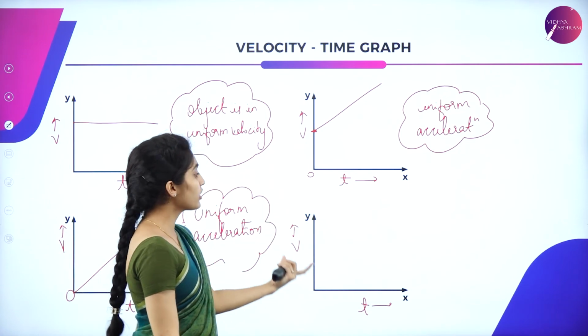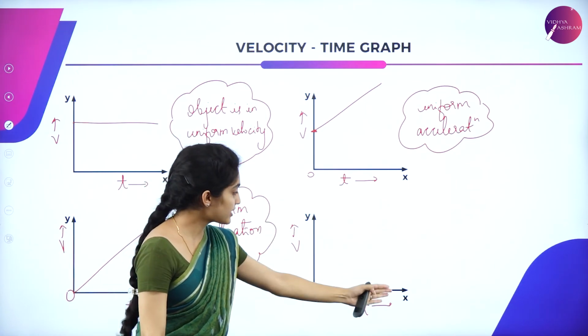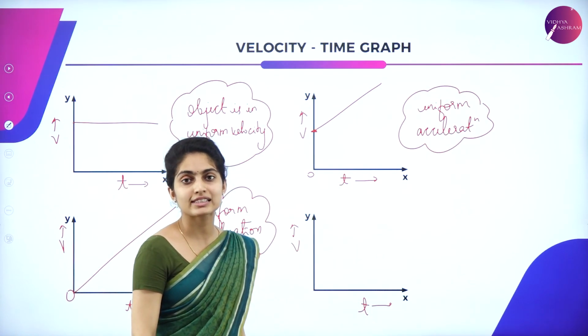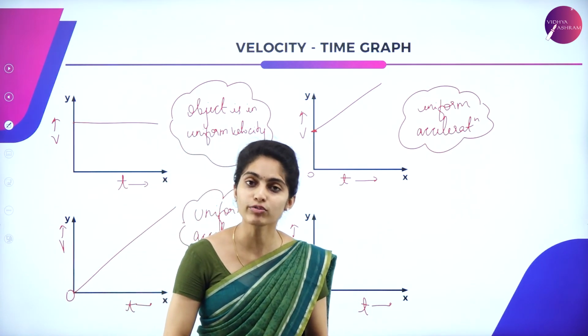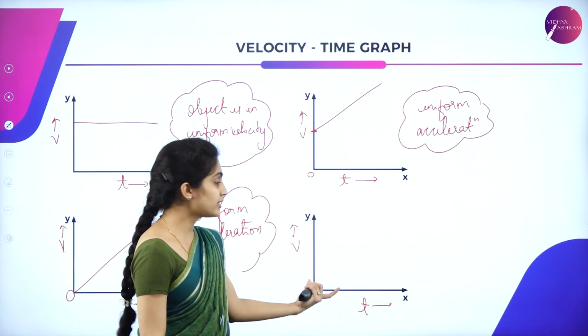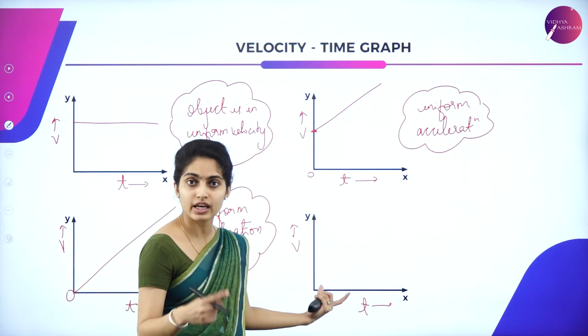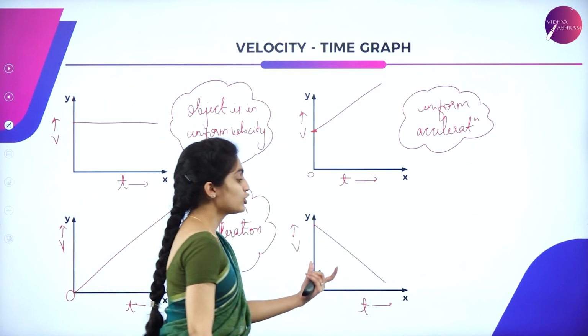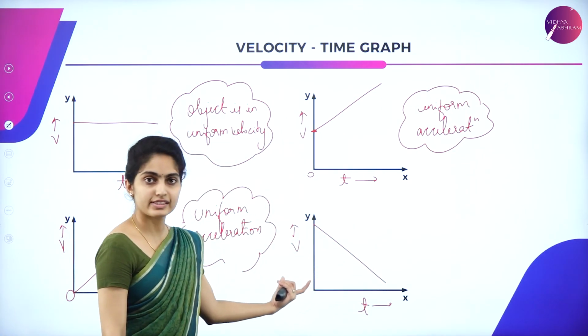So here in this case it is starting from rest, whereas in this case it is starting from some initial value. When you come to the other graph, with the x-axis as well as the y-axis, wherein time follows the path of the x-axis and velocity follows the path of the y-axis, and again I'm having a graph wherein, what does the graph suggest?